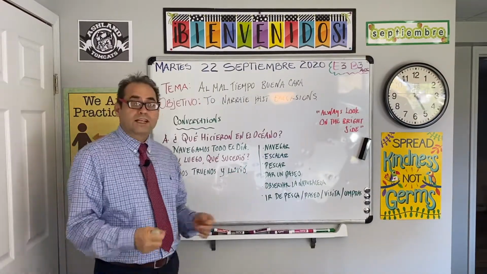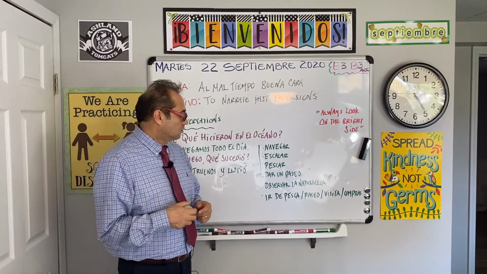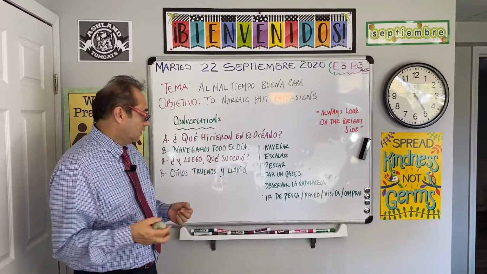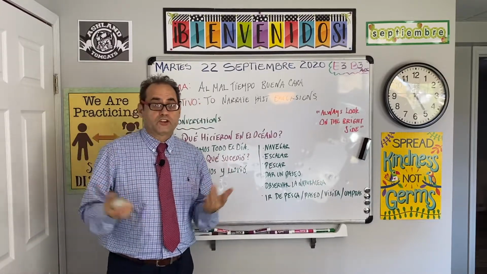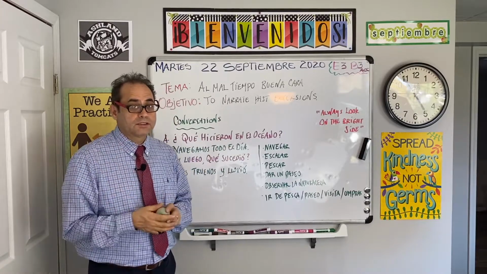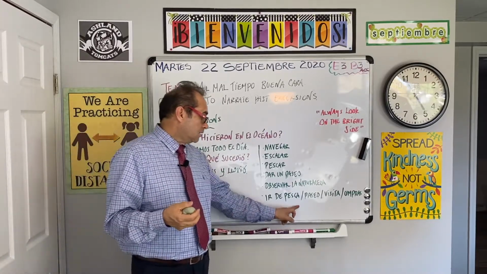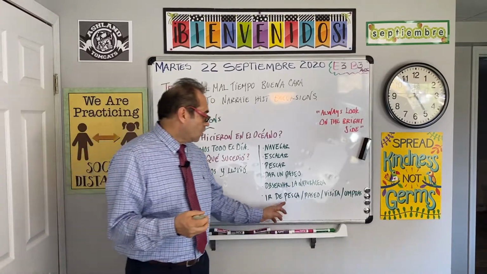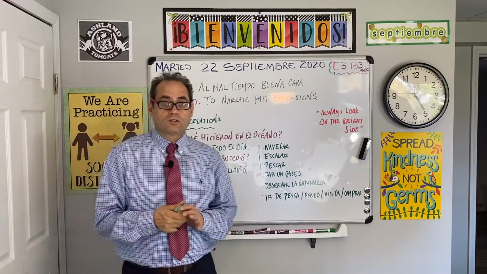Pescar, dar un paseo, to take a walk, or maybe to ride horses in the forest, in the woods. Observar la naturaleza, observe the nature, maybe with the binoculars, maybe birds, maybe animals. Ir de pesca, go shopping, go fishing, go. Those expressions with go, to go, okay?